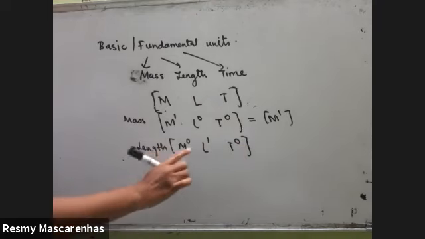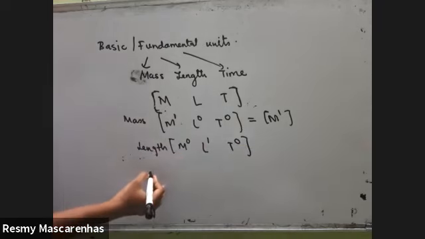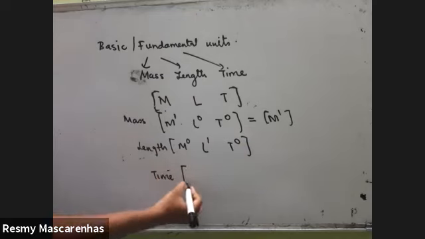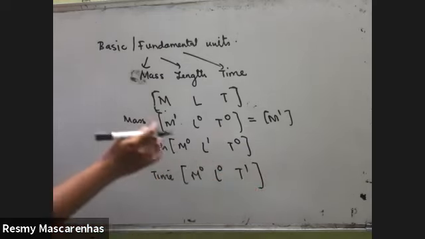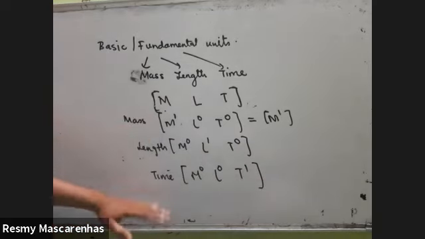Length will be the same as distance. And then time was 1, and the other two were 0. These were the basic ones, and the remaining formulae were all derived formulae, which were using these.